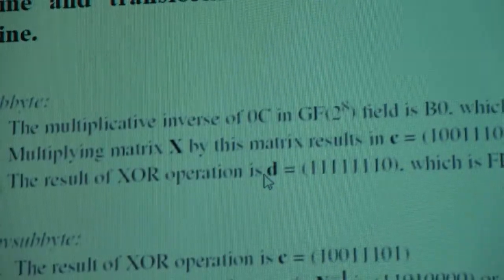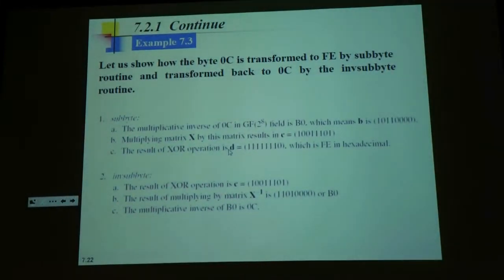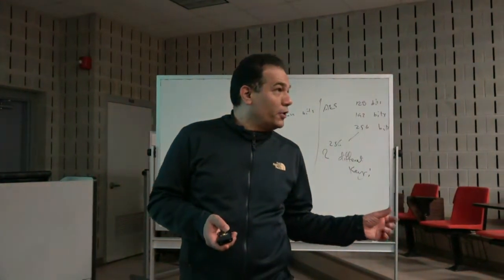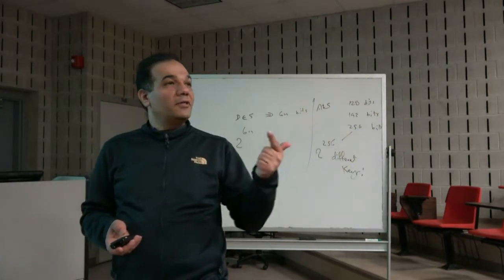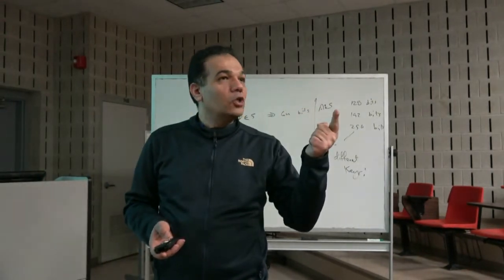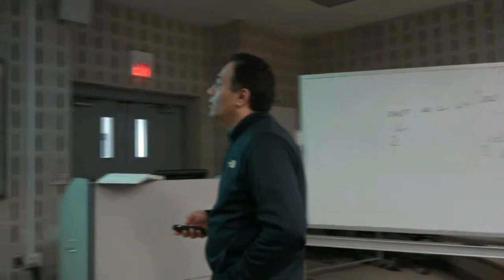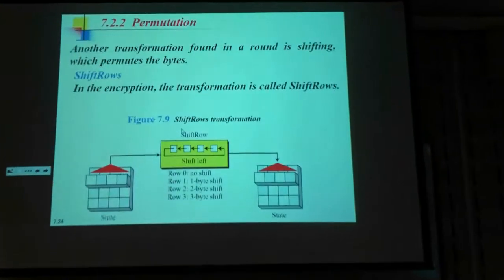Just take a look at it. But the table is fine. You could use the table, or you could do the mathematical operation. Why is the mathematical operation useful? To build it as a chip, as hardware. Remember, one of the requirements is to be able to implement it as hardware and as software. So this is the algorithm.